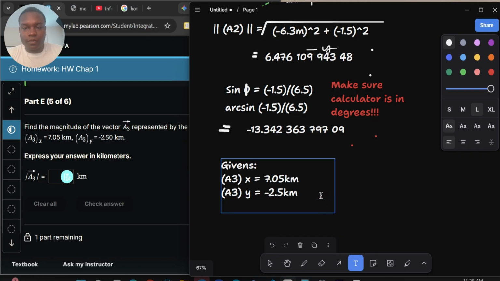And then, what are we looking for? What is our target?